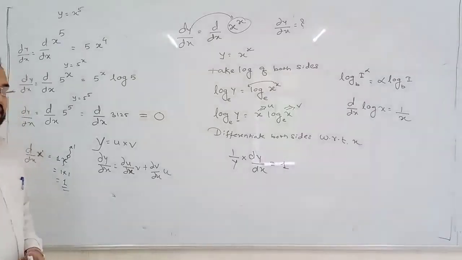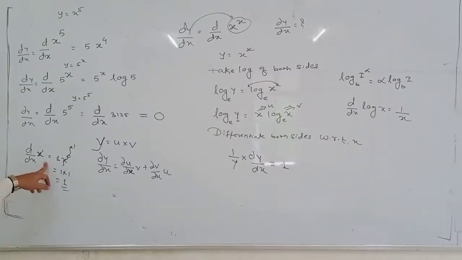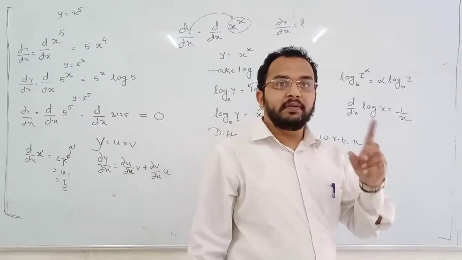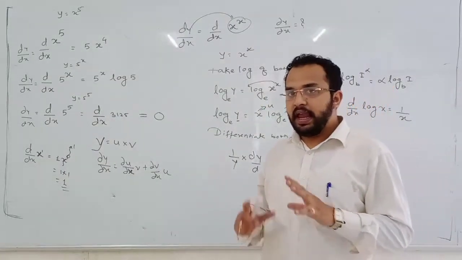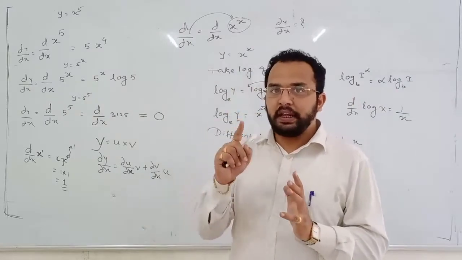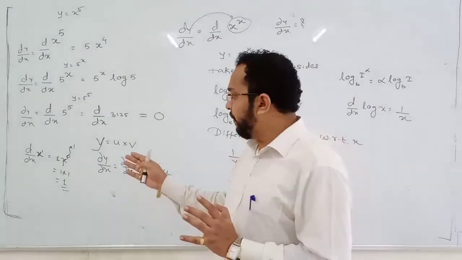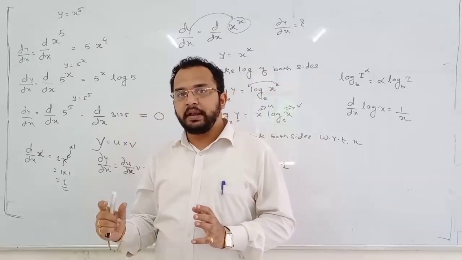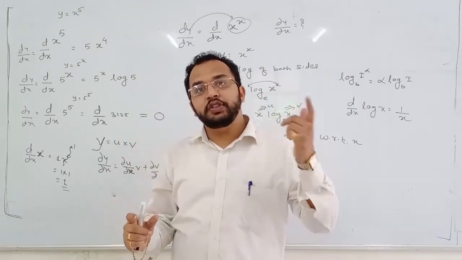Rather x to the power 1, because differentiation of x means x to the power 1. x म्हणजे काय? सिंगल x आहे, त्याची पॉवर किती आहे? 1 आहे. So what is the rule of differentiation? Power rule. Take the power in the numerator, so that 1 comes to numerator. Okay, and reduce the power by 1.